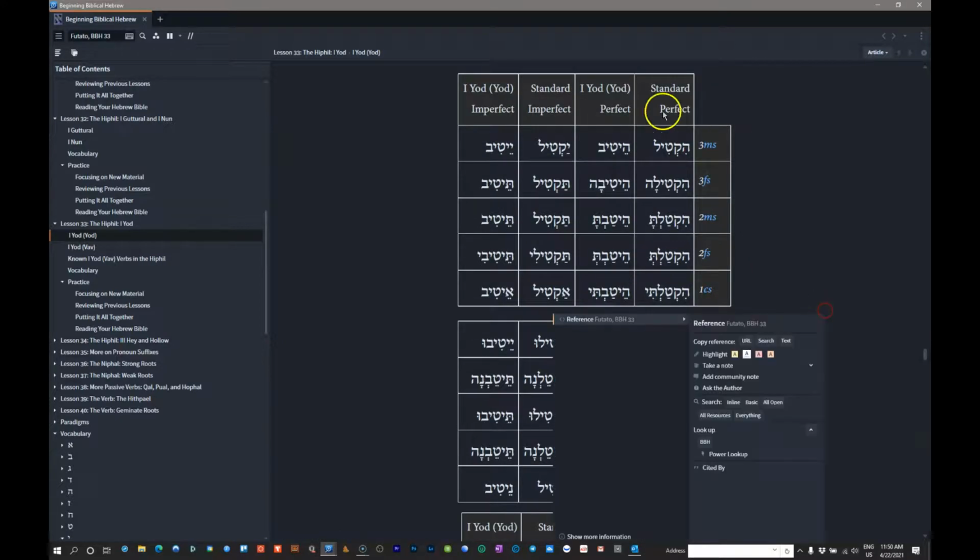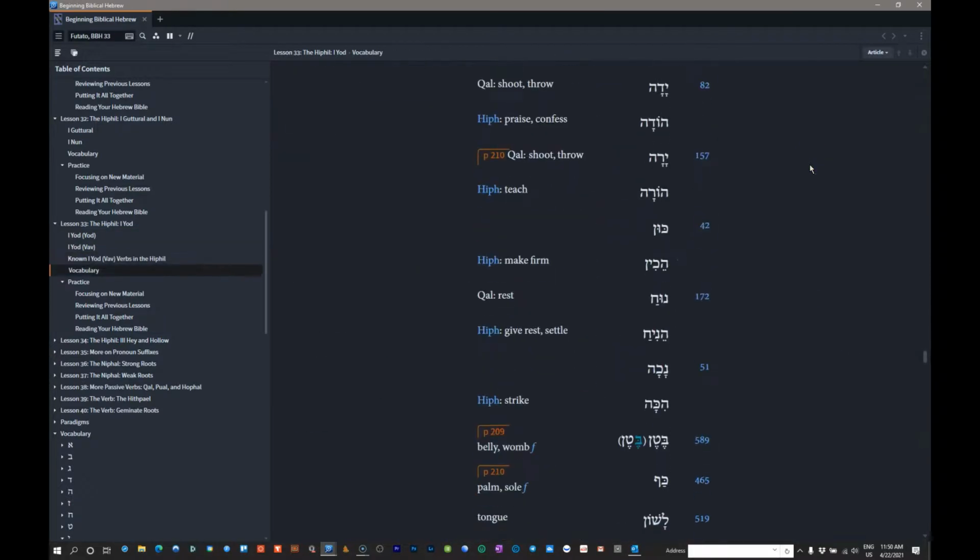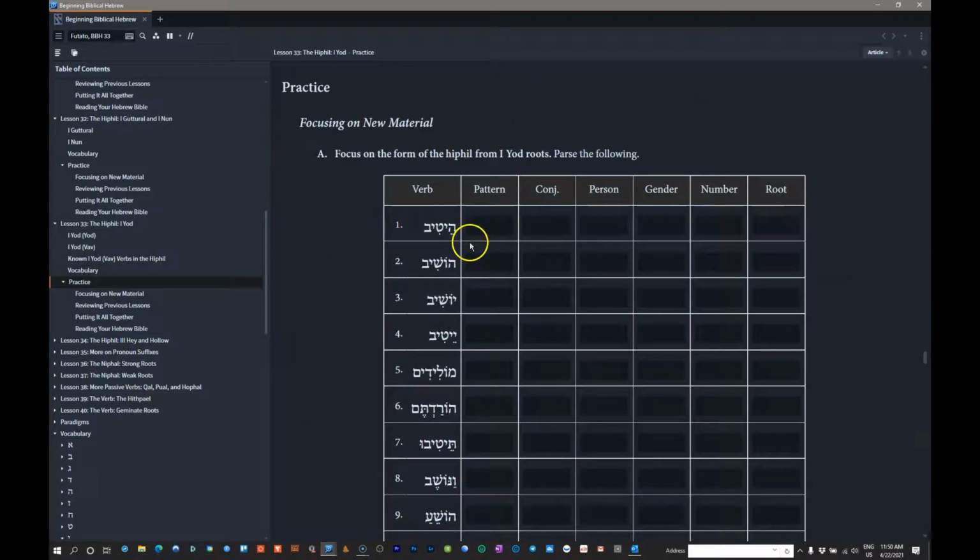But either way, what you need to know is that these two forms are going to be identical. And so when we get down here, we can call this perfect 3ms in the Hiphil, or we can call this Hiphil infinitive construct of yatav. This is a true one yod root, but we can't distinguish between them without context.